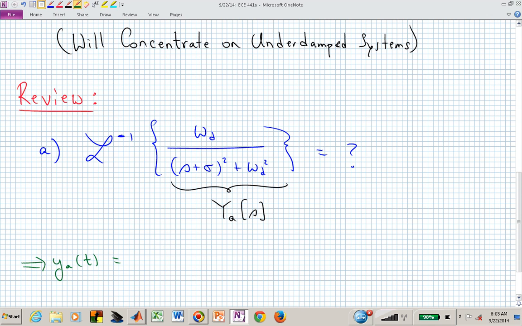Everyone get an answer? Do you know where to start, or what you were doing with respect to inverse Laplace transforming that? I've written the denominator in a special factored form to help us identify what the time domain response might actually look like.